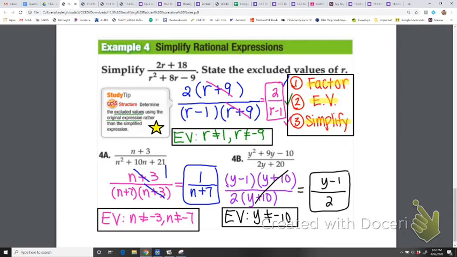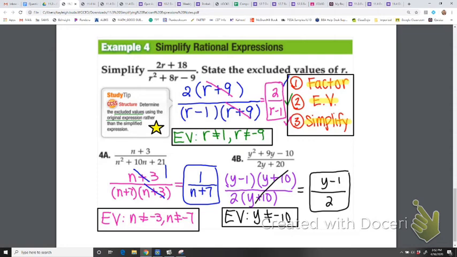Now step 2 is you want to figure out what the bottom excluded values are. So r cannot be a 1 or a negative 9 down there. And then third, you want to simplify. You can cross off, in this case, the r plus 9 factors because they're grouped with parentheses, so those go away. I kind of say this is like a fruit ninja. You can slice those away.